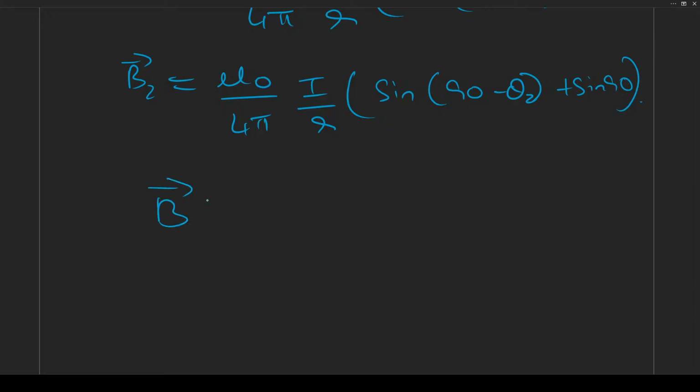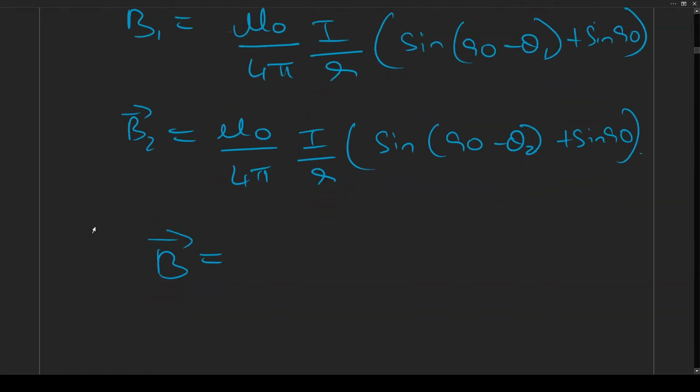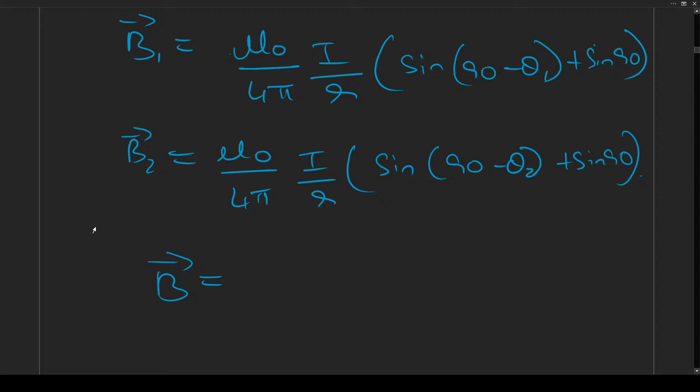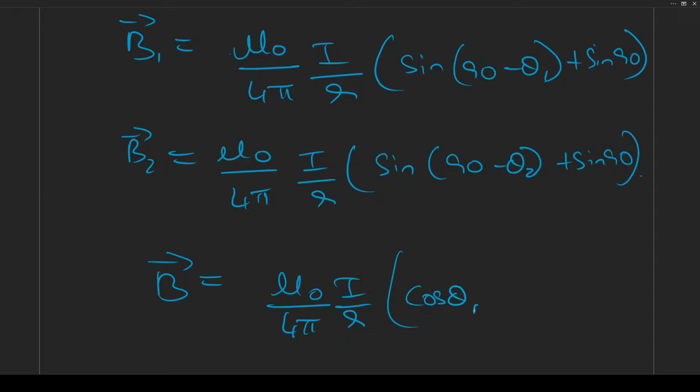Now total B value, we will get it as, both we take common, mu naught by 4 pi I by R, as both is same, or we can take it as A, and we know sine 90 minus theta 1 equals cos theta 1, and sine 90 minus theta 2 is cos theta 2, and sine 90 value is 1. So if we add both, we will get cos theta 1 plus cos theta 2 plus 2.